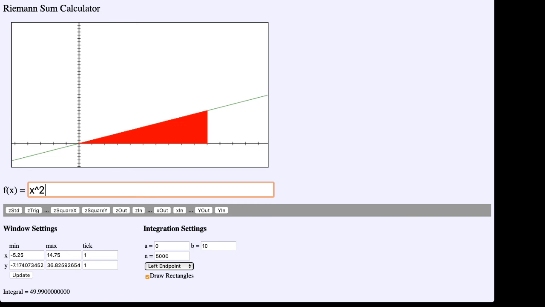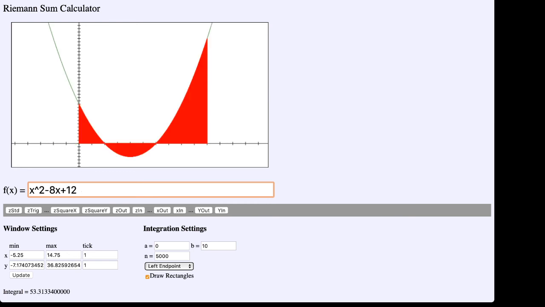So x squared minus 8x plus 12. And we're supposed to go from 0 to 9, so let me change this to 9. And I've got 5,000 rectangles there. And notice this right here is right on 27. If I make this 50,000 rectangles, it gets a little better. But anyway, that corroborates the answer of 27 for the net amount.